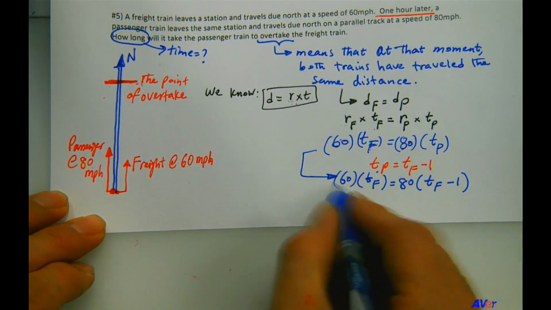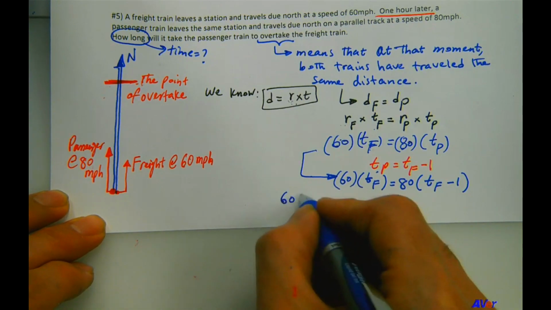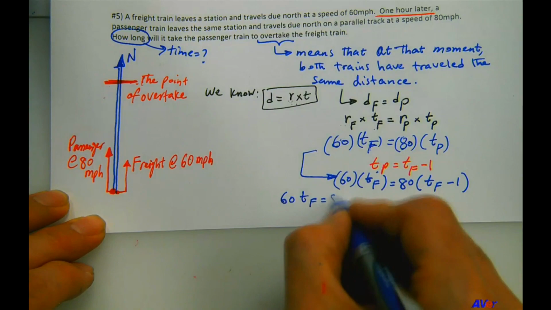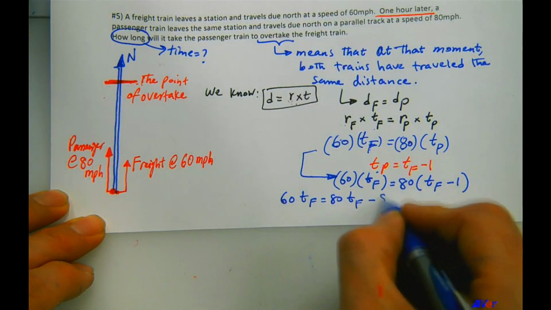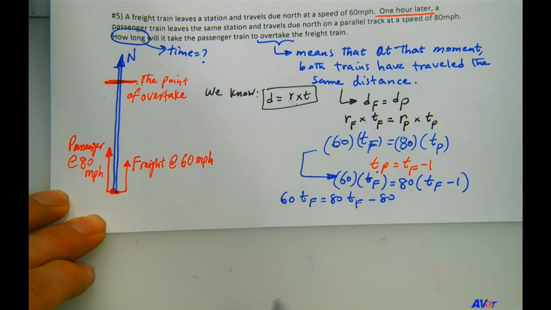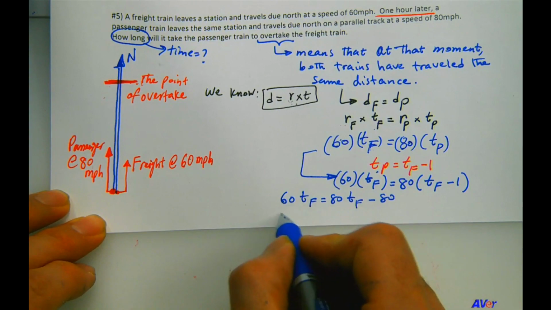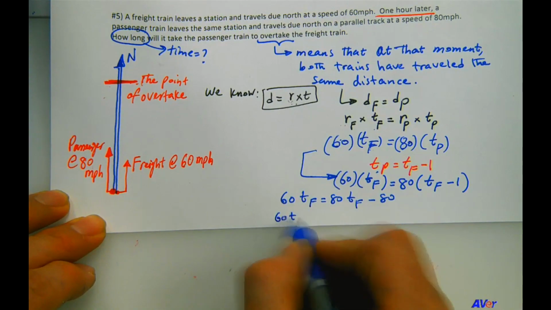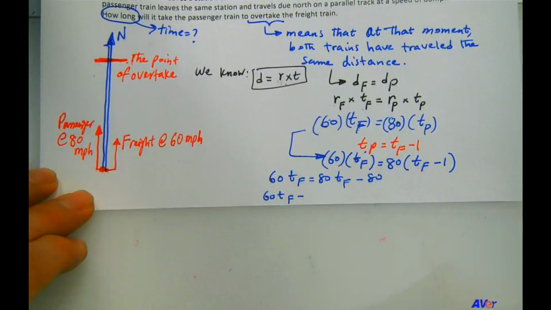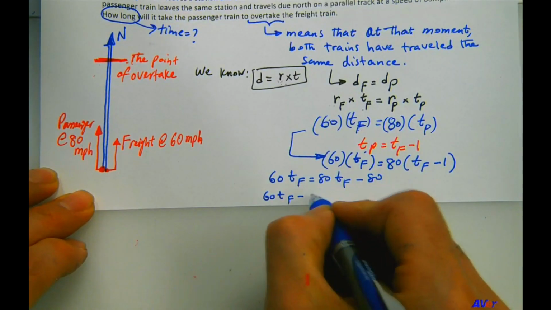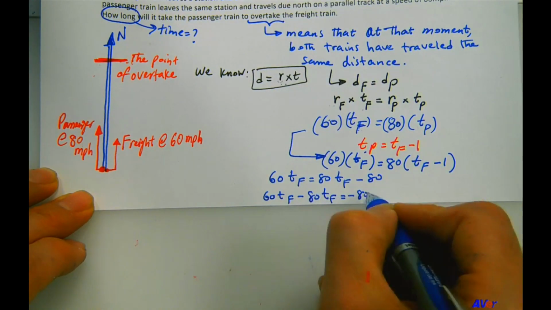Okay, so distributing on the right, we have 60 TF equals 80 times TF minus 80 times 1 is minus 80, right? So let's move things around. We have 60 TF minus, and as you can see, I'm running out of space here on the paper, minus 80 TF equals minus 80.